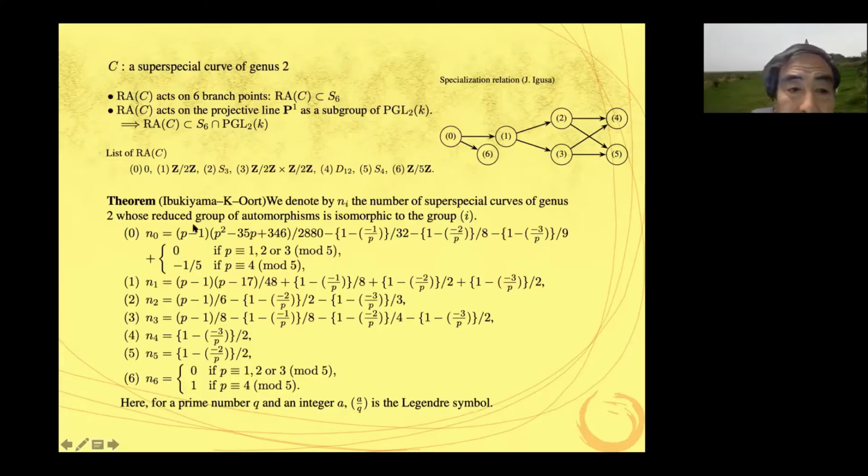Then the number of superspecial curves of genus 2 is given like this. N0 is equal to this one, and of course, for example, this is a Legendre symbol. And N1 is equal to this, N2 is like this, N3 is like this. Okay, this is a list of the number of superspecial curves for each class.